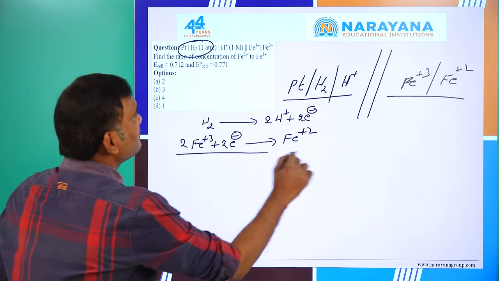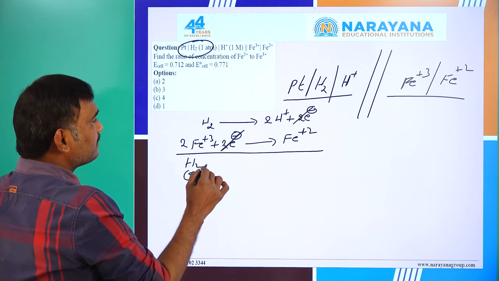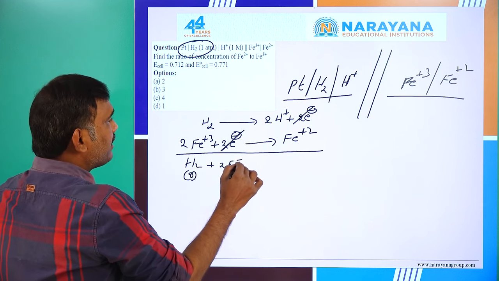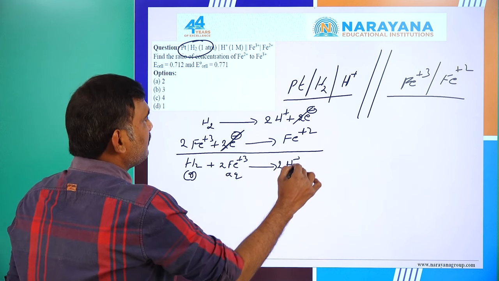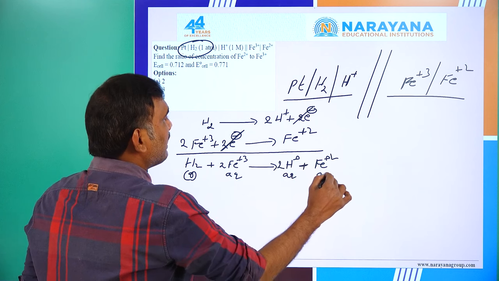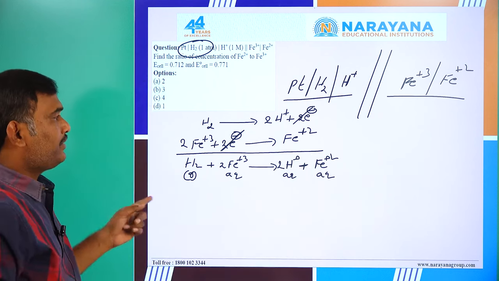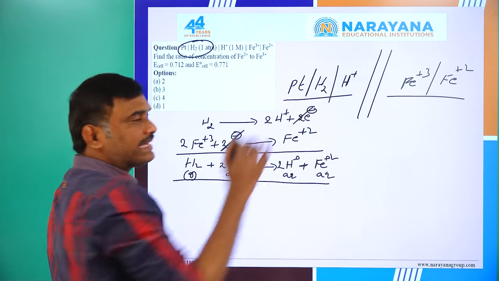Okay, now see that, students. Hydrogen gas plus 2 Fe +3 aqueous becomes H plus aqueous solution plus Fe +2 aqueous solution. This is the net reaction for the given electrochemical cell.